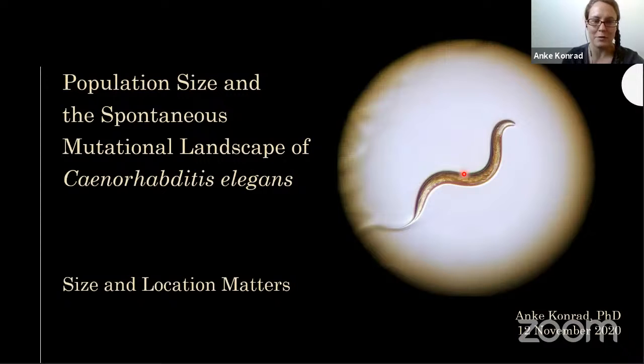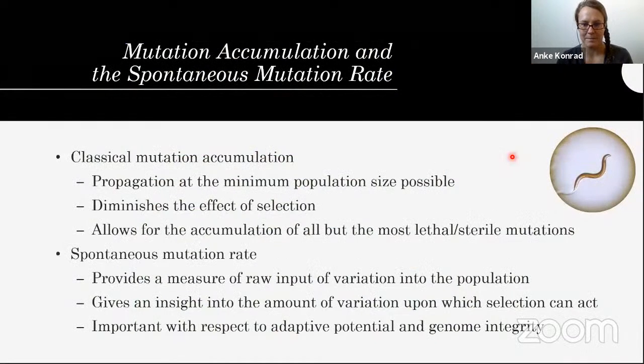As Ivo implied, I will be talking about the evolution and the mutation accumulation in C. elegans. Before I go into the more data-heavy part of the talk, I would like to start by giving a quick review of why one might use mutation accumulation experiments.